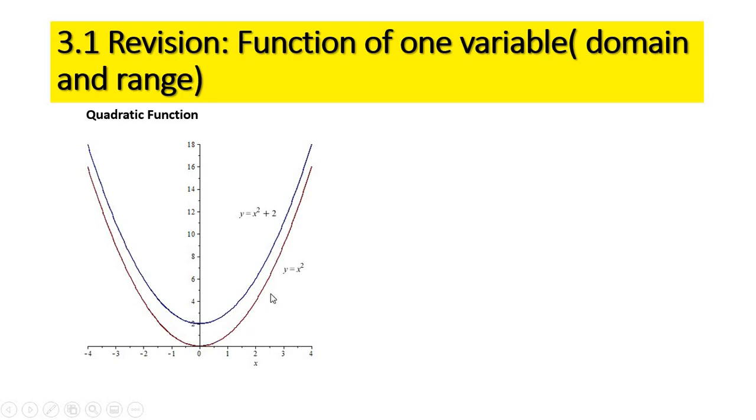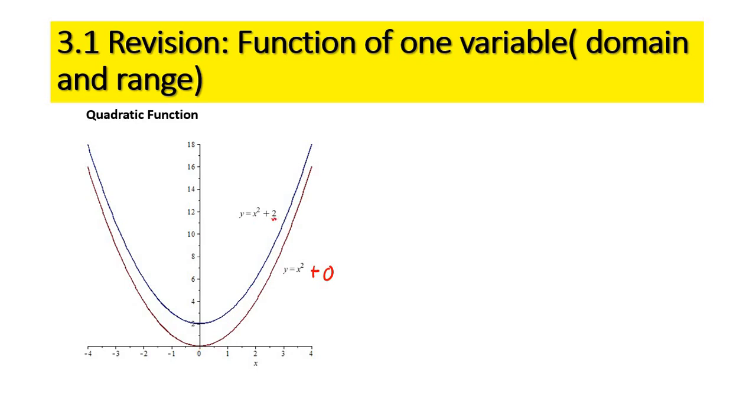So if this is a quadratic function, y equal to x squared, a parabola, the minimum point is at x 0, y 0. If the quadratic graph is y equal to x squared plus 2, using the technique of translation of the graph, initially this is plus 0, that's why the minimum point is at y equal to 0.